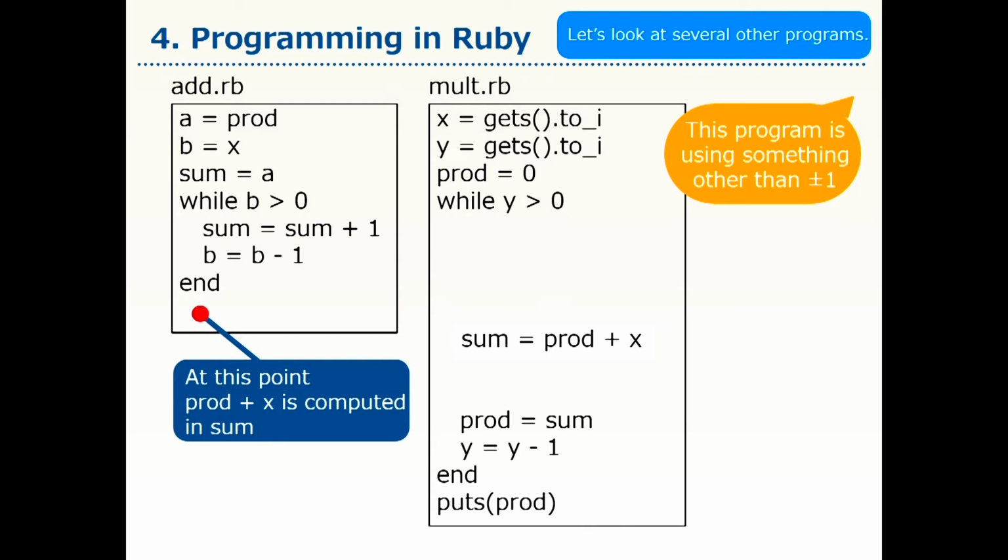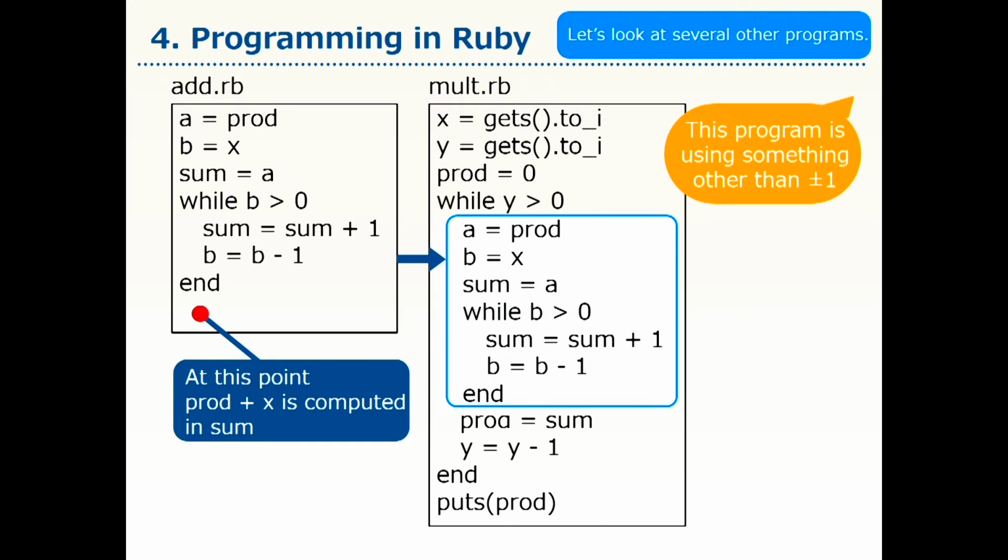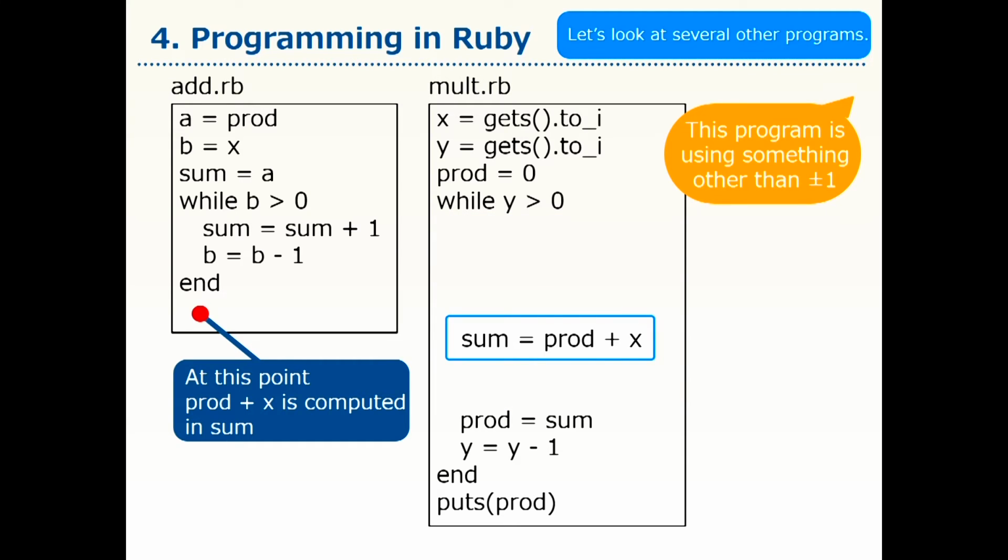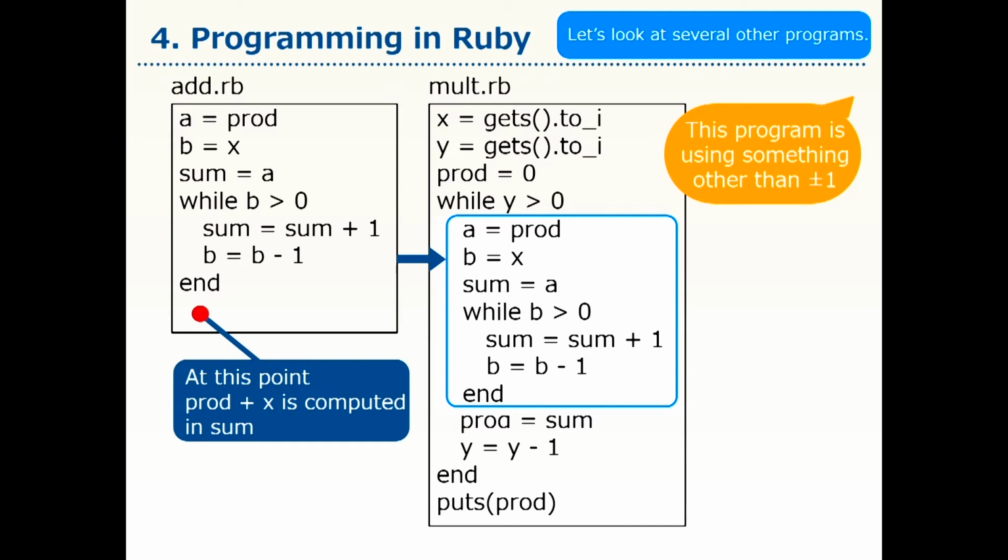This is a program that computes prod plus x into sum. So this program can be used here to replace this statement. Okay? We can replace this statement with this program. Then, clearly, this program does the same computation.